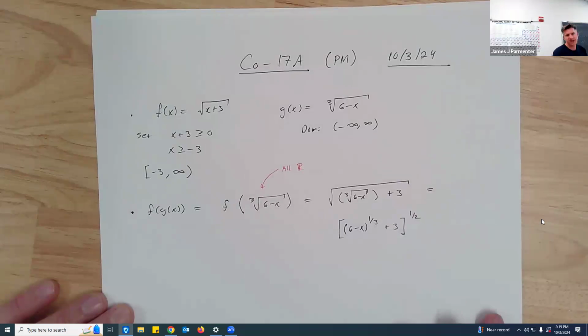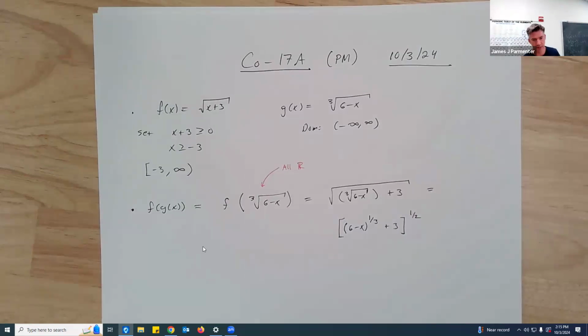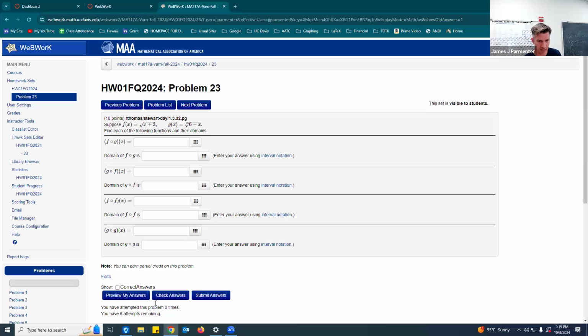Okay, let's do that right now. It doesn't matter how many chances I have. WebWork right there. I have 6 attempts. Okay, that'll be enough. You can use parentheses or brackets. I'll just use parentheses. I have 6 minus x to the 1/3. To do the exponent, it's that little caret symbol above the 6.